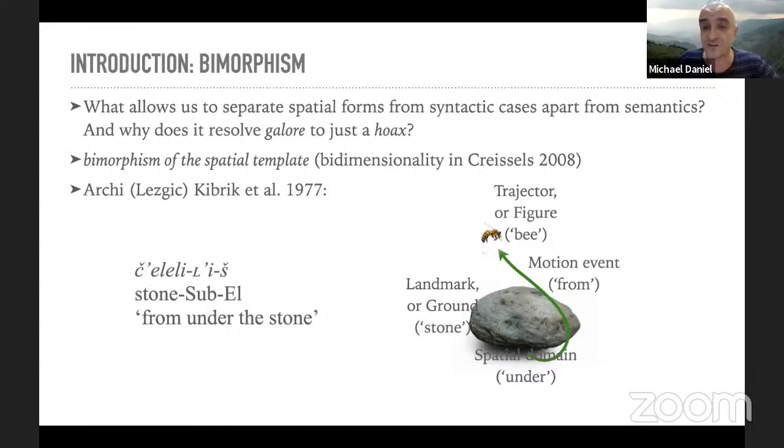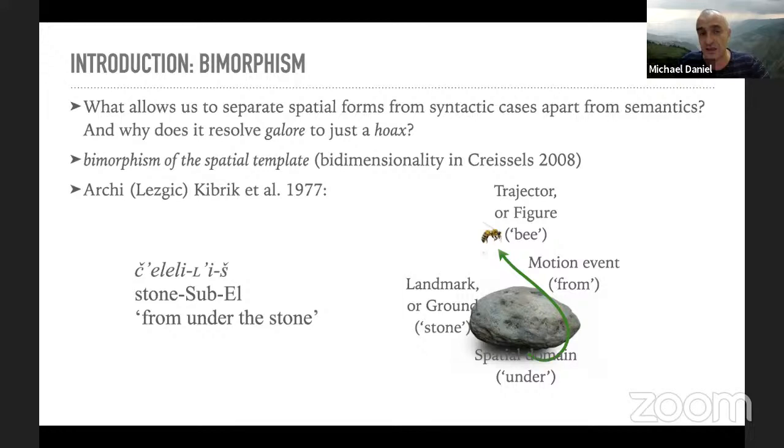And then there is a third component of the spatial frame, which is motion event, moving from the domain to outside the domain, which is shown here as from in English, and which corresponds to the gloss allative.